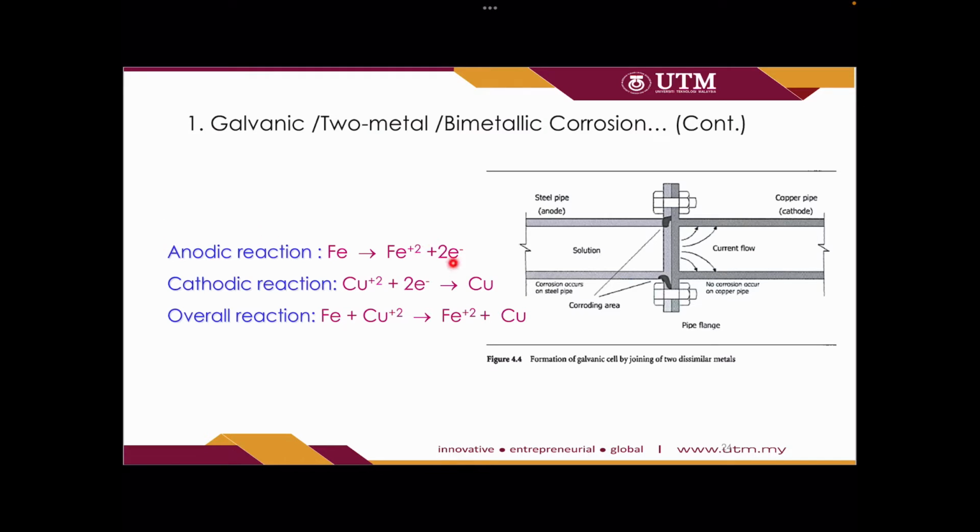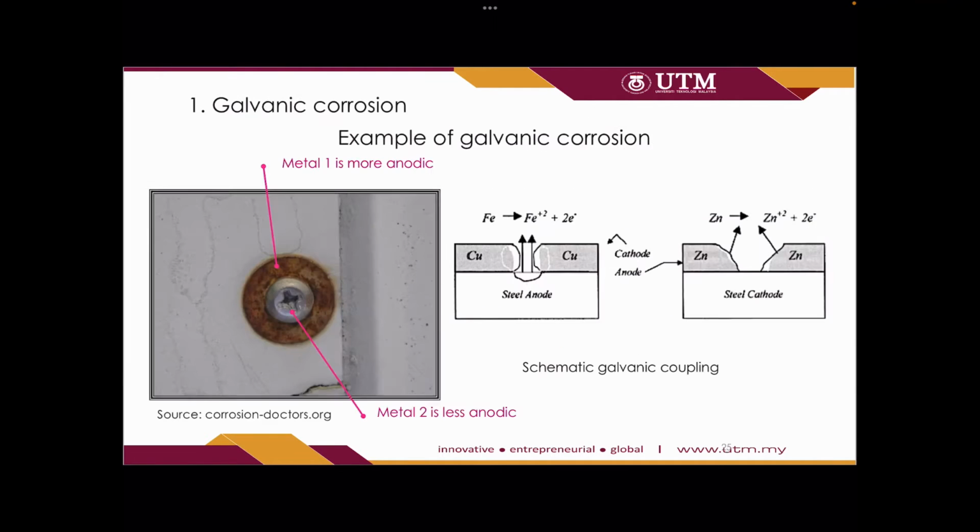It will turn itself into the anode and change the oxidation state from 0 to +2. On the other hand, in the cathodic reaction, copper will be reduced to metallic copper. And this is the overall equation, combining the anodic and cathodic reactions.